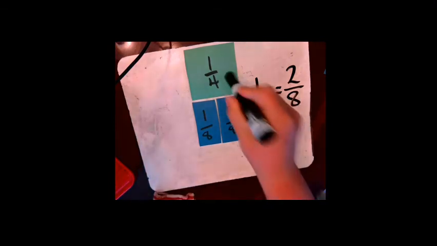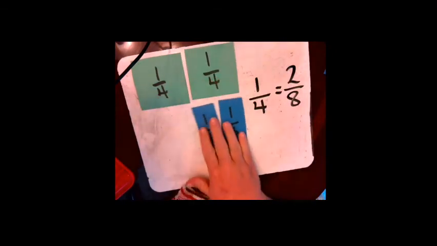Okay, and you don't have to start with a unit fraction. We could start with, let's see. Sorry, I had my papers flying everywhere. Okay, what if I have 2/4? I know that 1/4 equals 2/8, but now we're changing this numerator.